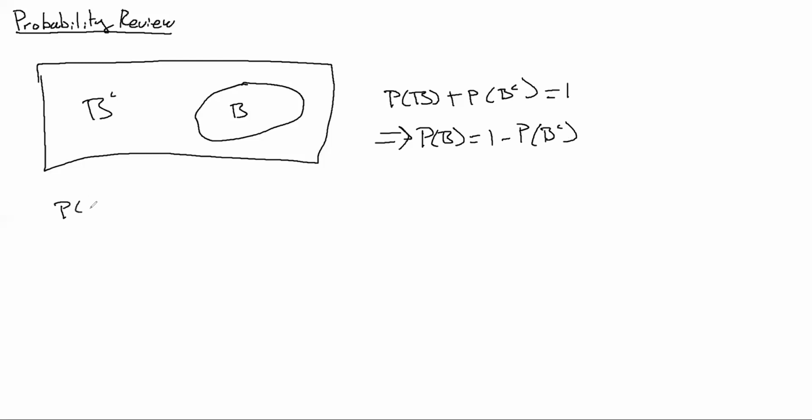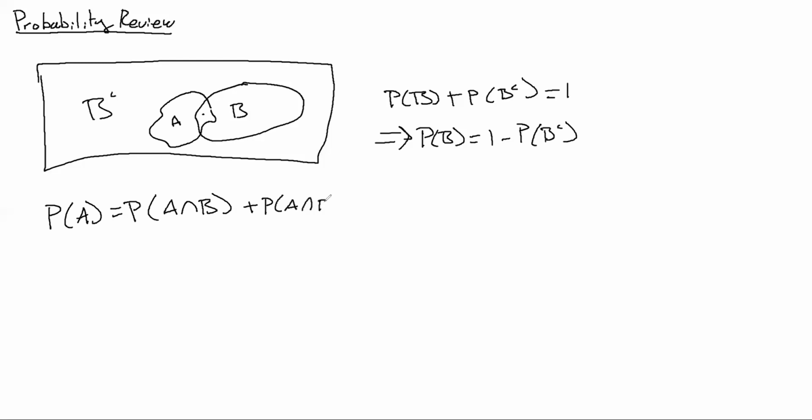Now let's say the probability of A. We take it a step further, and let's say that's equal to the probability of A and B. Say up here this is A. So the probability of A and B happening together would be this right here, plus the probability of A intersect with B complement, everything that B isn't.